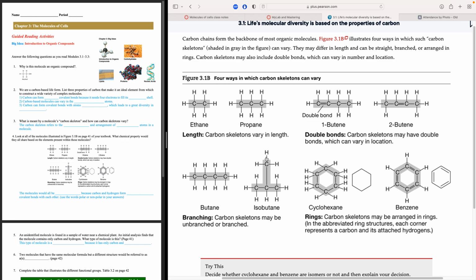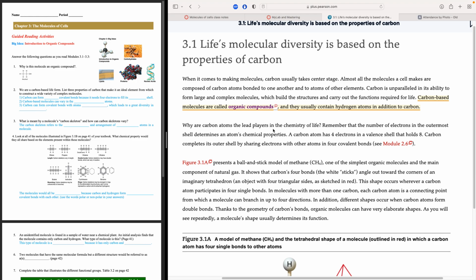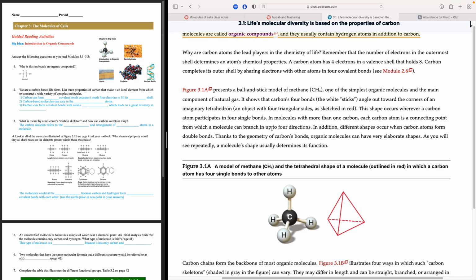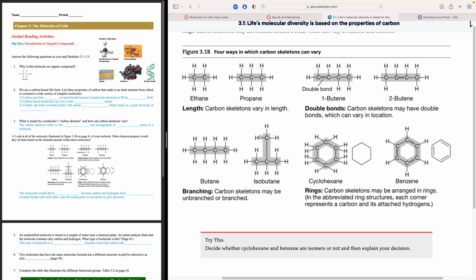All right, so let's go back here, and we are all carbon-based life forms. List 3 properties of carbon that make it an ideal element. Let's see where it says that. What's the answer to this?